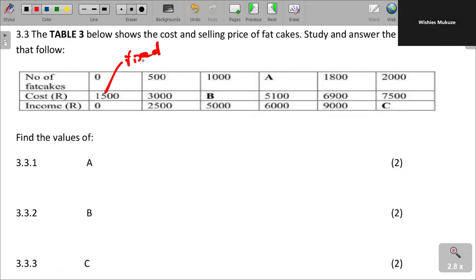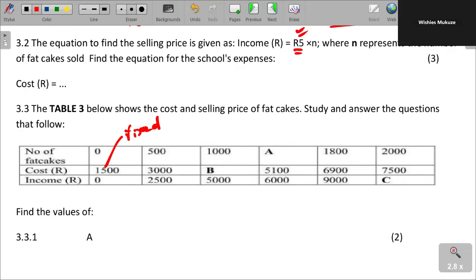And then the income is 5 rand times the number of fat cakes. For this we did not sell any fat cakes, so the cost remains the same and we have zero income.